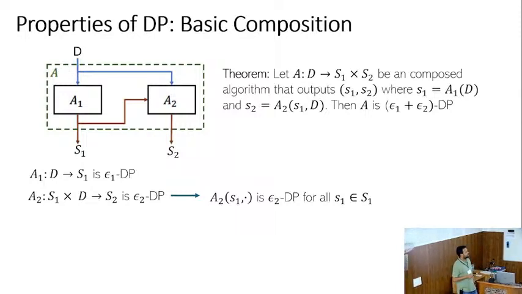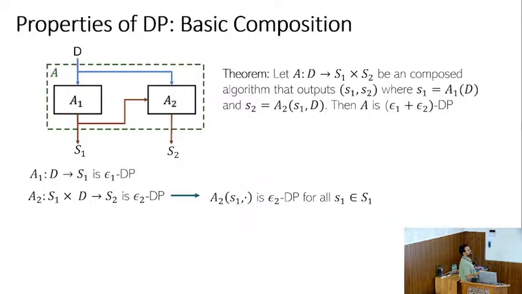Let A be the composed algorithm whose domain is D and whose range is S1 times S2, the Cartesian product of the two sets. So what is the output of A?